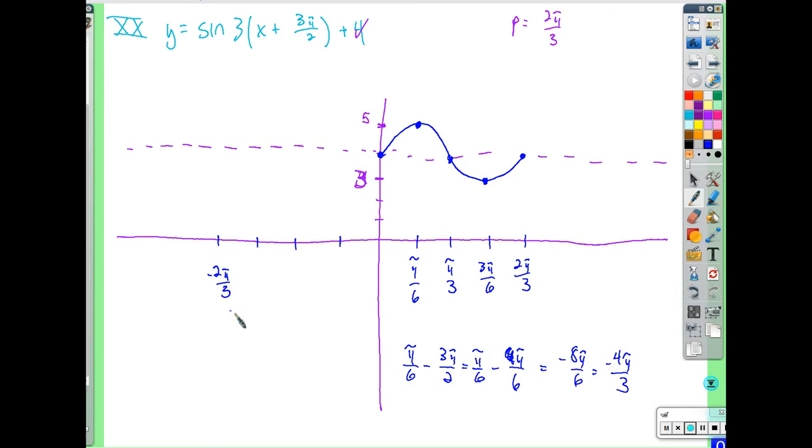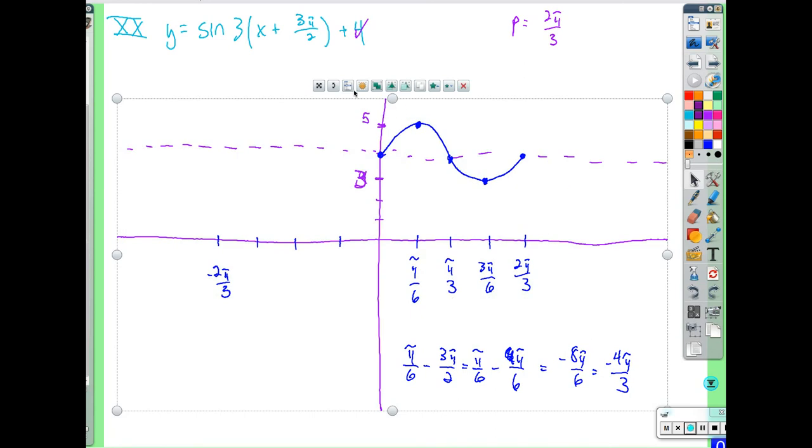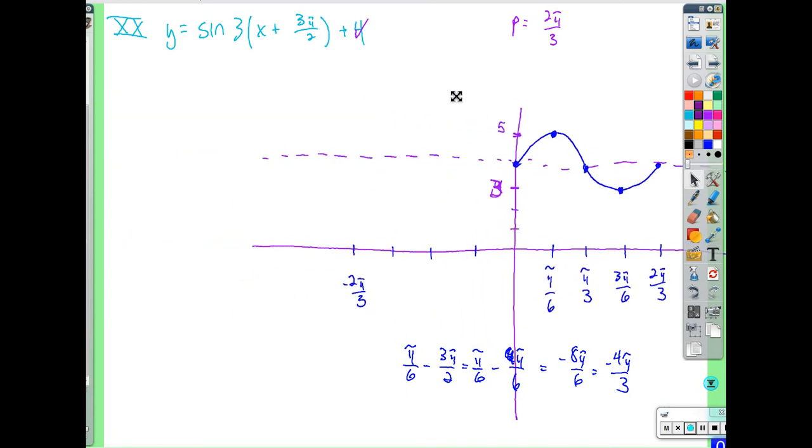That's twice as far as negative 2 pi over 3, so I am just going to take all of this and shift it over. Should have given myself a little more room. Now I have 1, 2, 3, 4.